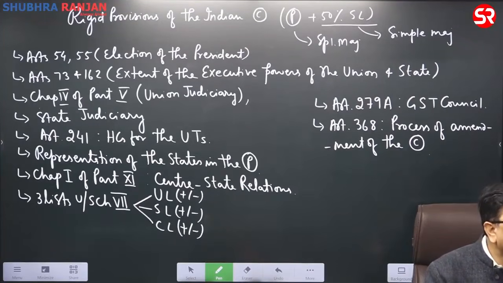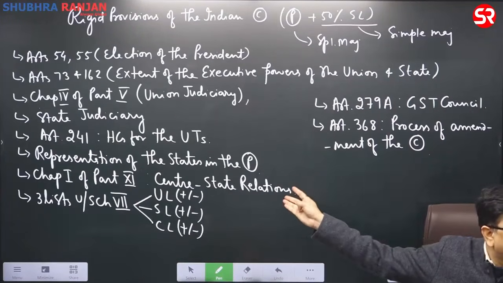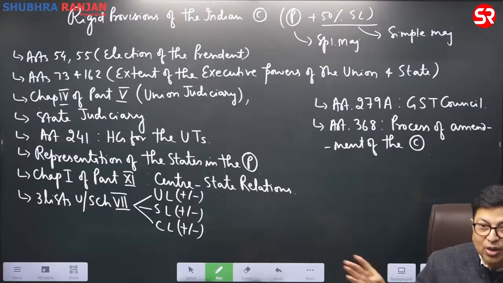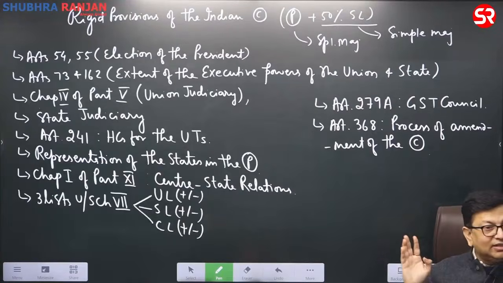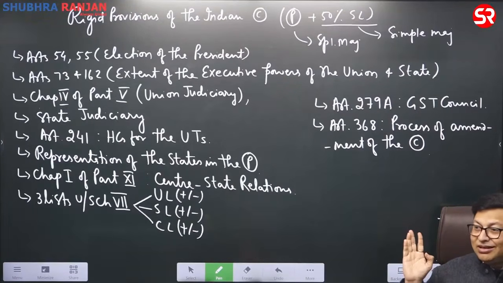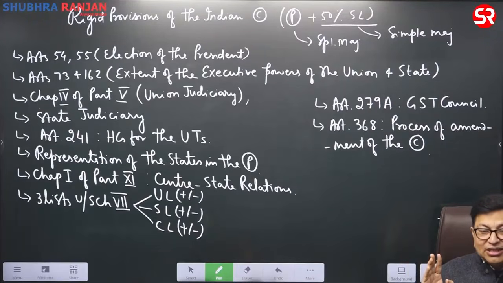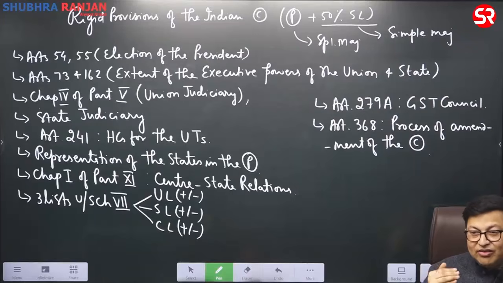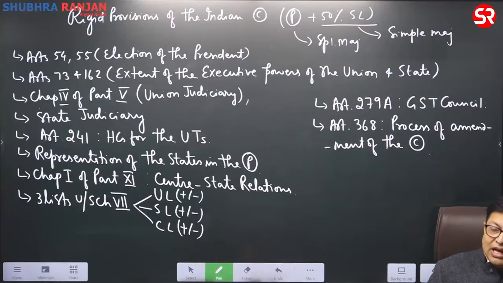It is a flexible Constitution with few rigid provisions. You can count them: out of nearly 490 articles, only these many provisions are rigid in nature. That is why we say that the process of amendment has made the Constitution a plaything in the hands of the center.